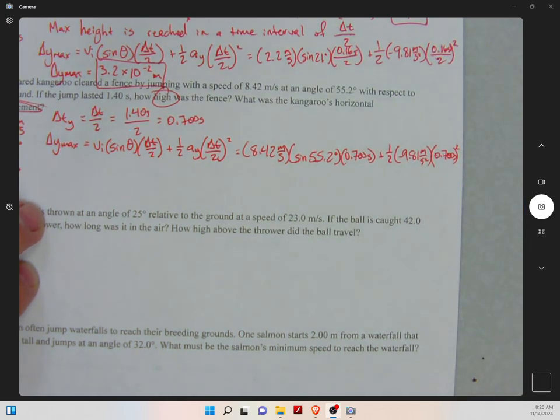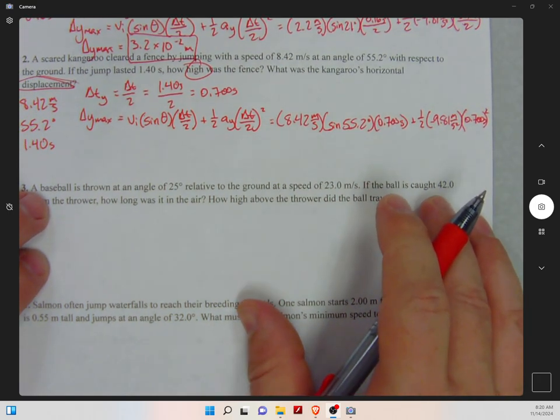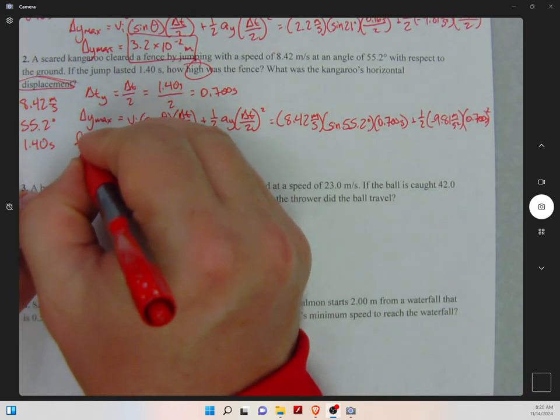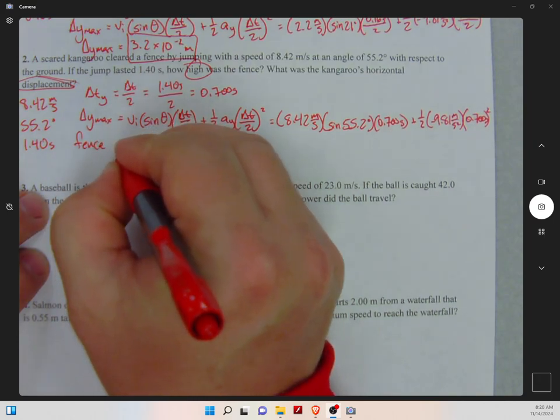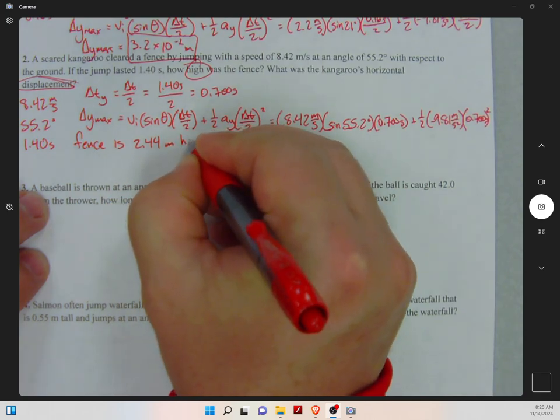It's a little bit sloppy. So when I plug this into the calculator, this is going to give me that the fence is 2.44 meters high.